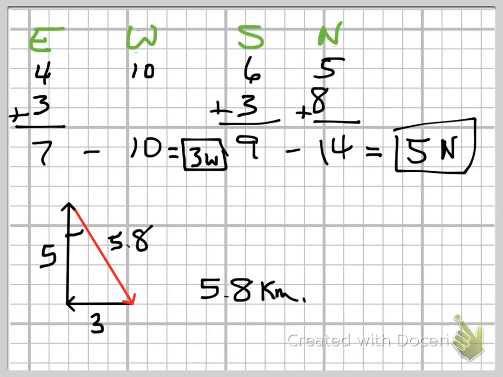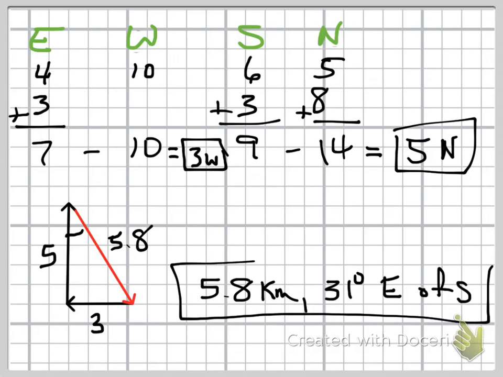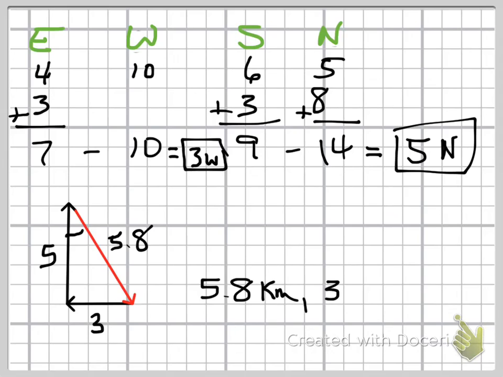Then I use tangent to determine the angle. So in order to determine the angle, again it would be tangent with the second button again, because we're solving for an angle.